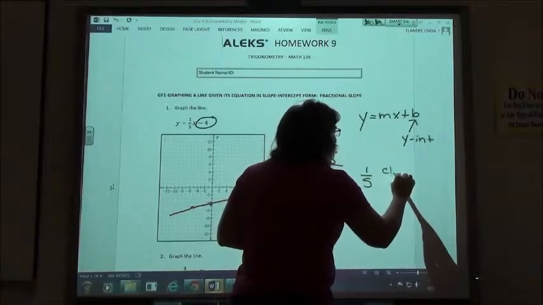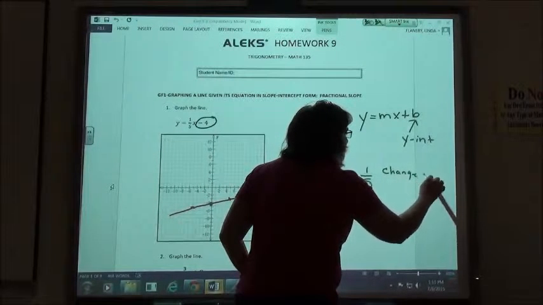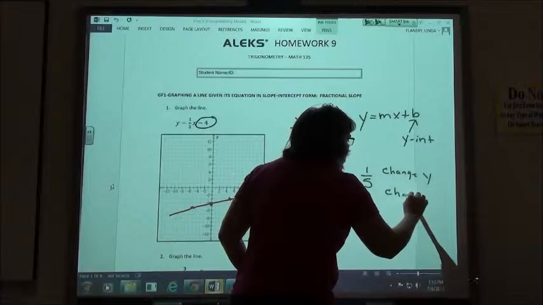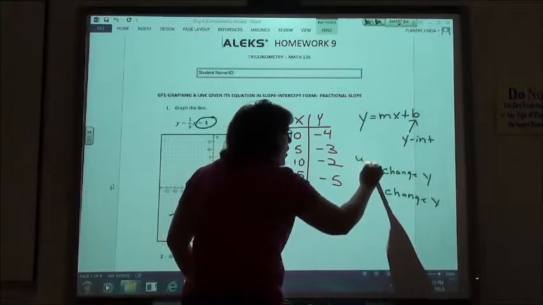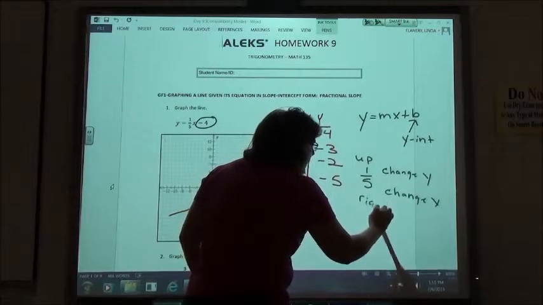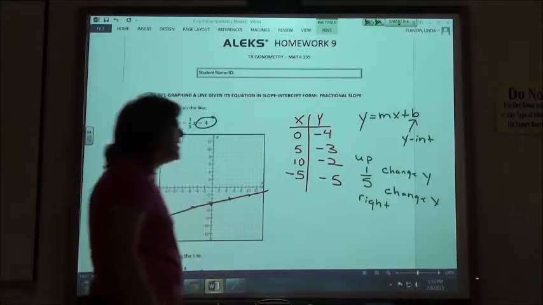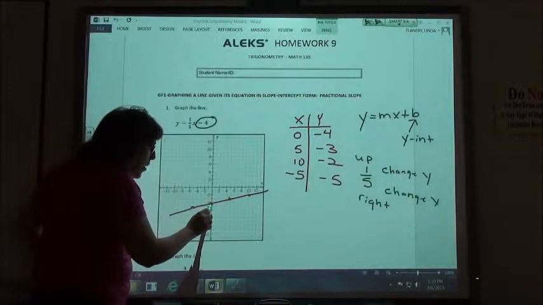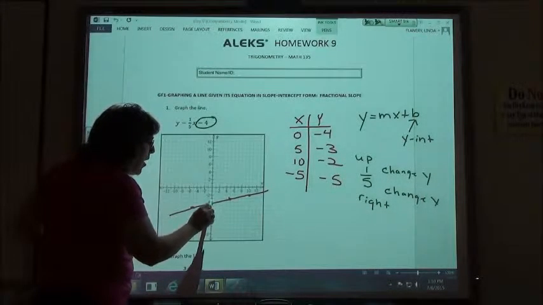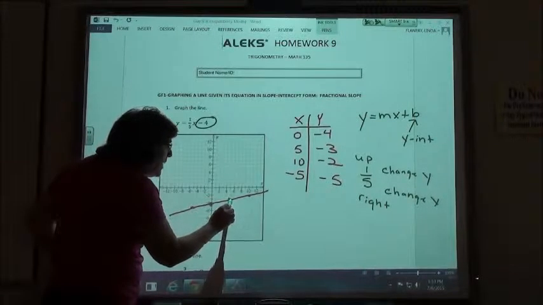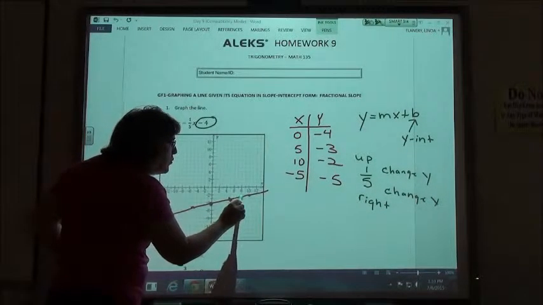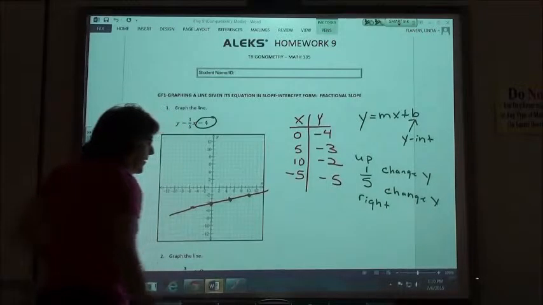We know that the top is the change in the y direction, the bottom is the change in the x direction, and so we're going to go up 1 and 5 to the right since they're both positive. So from that marked point, my y-intercept, if I go up 1 and over 1, 2, 3, 4, 5, there's my next point. Up 1 and over 1, 2, 3, 4, 5, there's my next point.